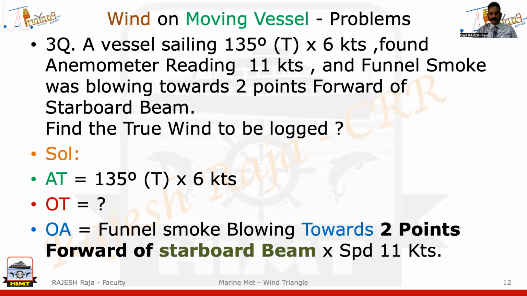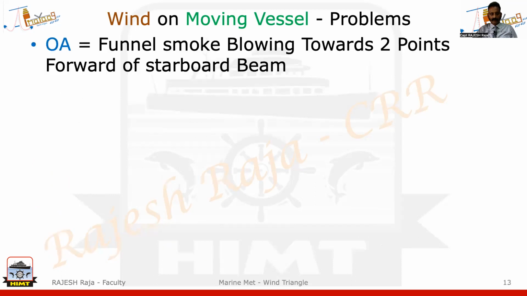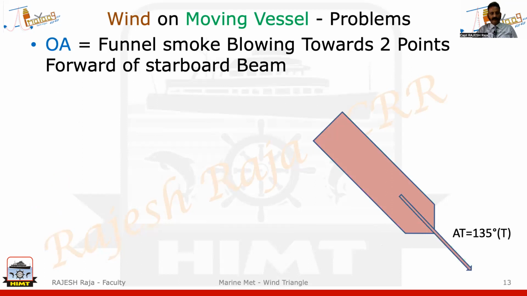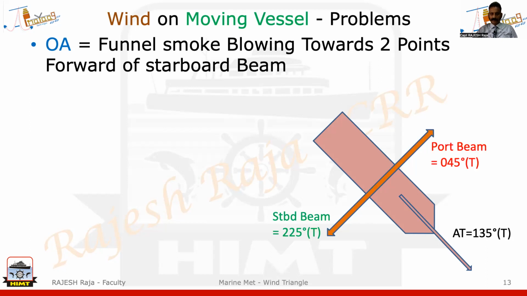Let us quickly figure out how to solve this problem, how to decipher this OA. For this, I'm going to draw my ship's true course. He has given me 135 degrees. He's talking about beam, so I'm going to draw a beam line, which is 90 degrees port and starboard. So your starboard beam will measure 225 degrees true, and your port beam will measure 045.